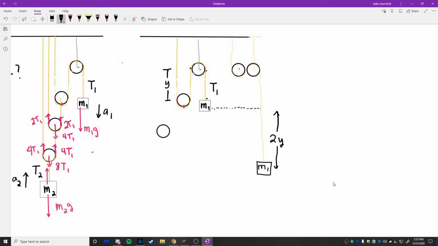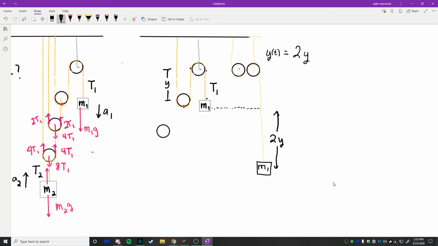So once we know that, we can say the following. If I take this 2y and say that that represents the y coordinate as a function of time for this mass, then I can take the time derivative.